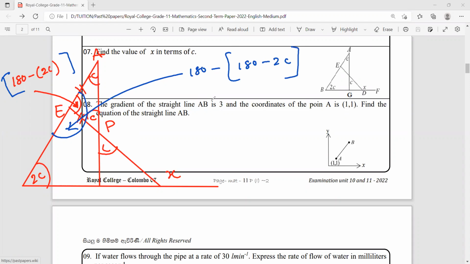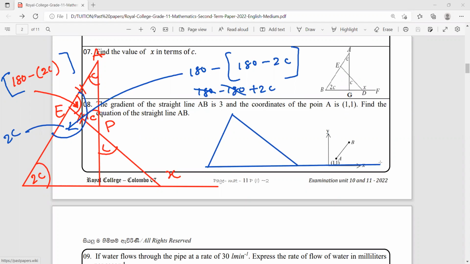Then you get 180 minus 180 plus 2c, and this cancels out, and this value becomes 2c, right? And in a triangle, the exterior angle x is equal to the sum of these two opposite interior angles. This is 2c and this is 2c, and then x is equal to 2c. So you get the answer, x is equal to 2c, right?